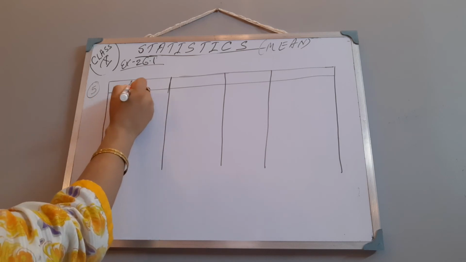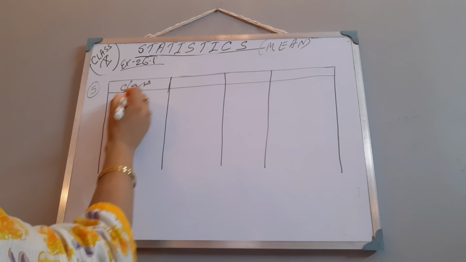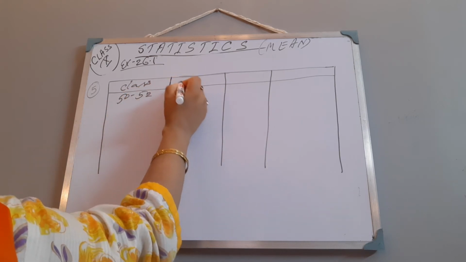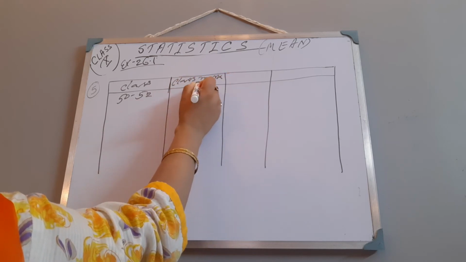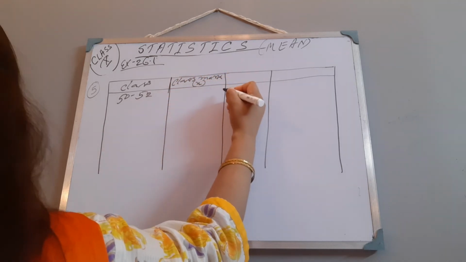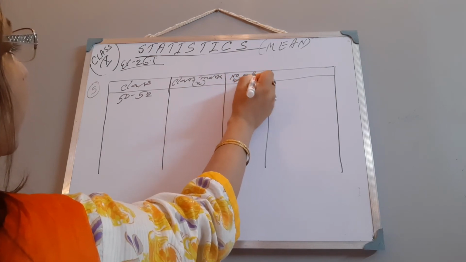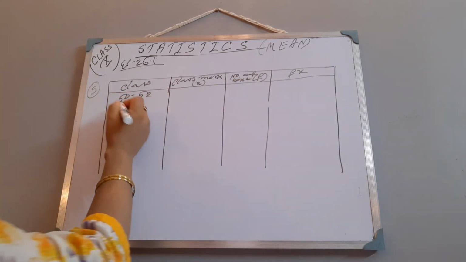Okay, this is class. What are the classes? Number of mangoes given in class, that is 50 to 52, and here also is class mark. We have to find this, not given. Class mark we always write in terms of x. Number of boxes given, that is frequency, and here fx.